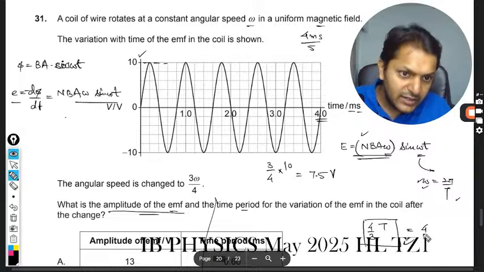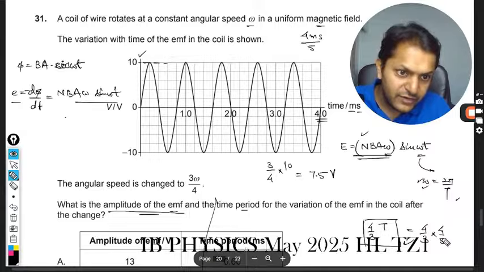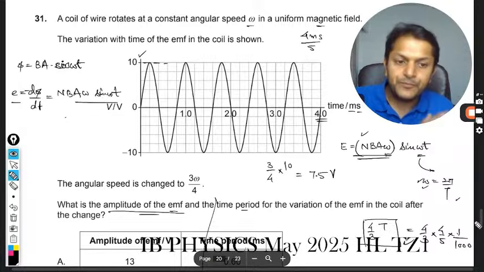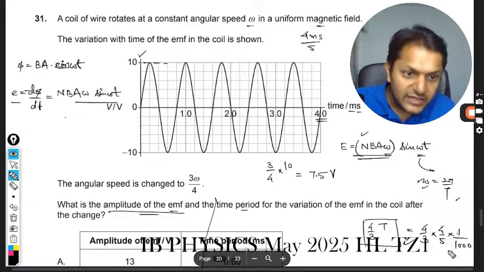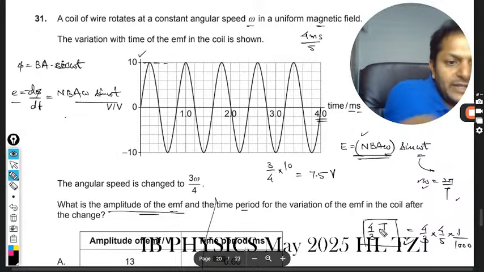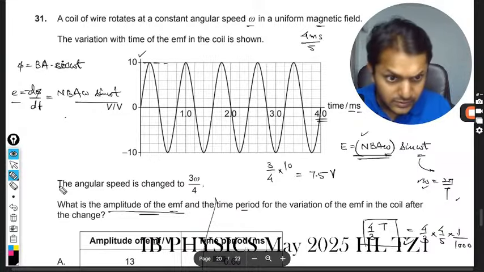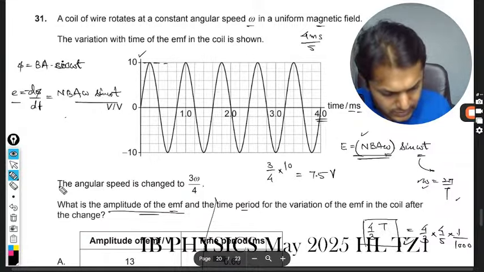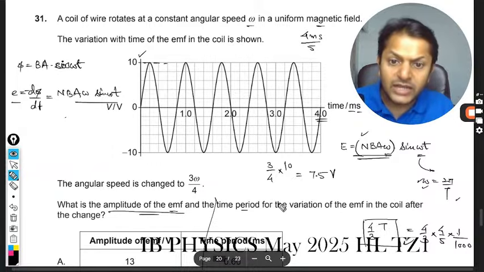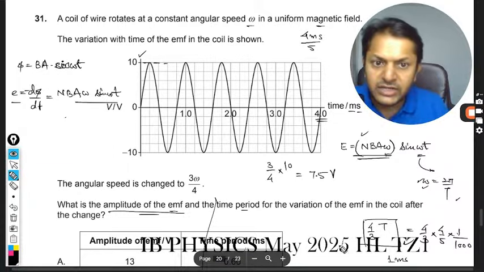So it will be 4 by 3 into 4 by 5 milli. So we are going to find this value. One moment, please. Yes, I'm getting the value as 1 milli. So time period will be 1 millisecond approximately.